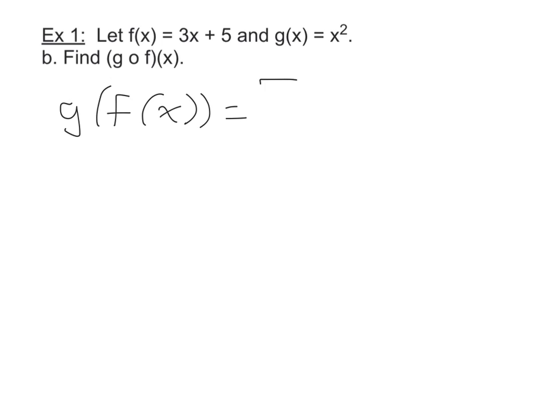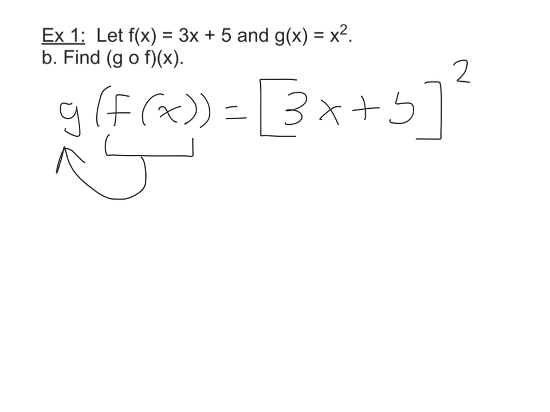So every time I see an x, big bracket, and squared. And once again, I'm going to take whatever is on the inside and plug it into g. So what am I going to plug in here to this big bracket? Well, I'm simply going to plug in the f of x function, which is 3x plus 5.